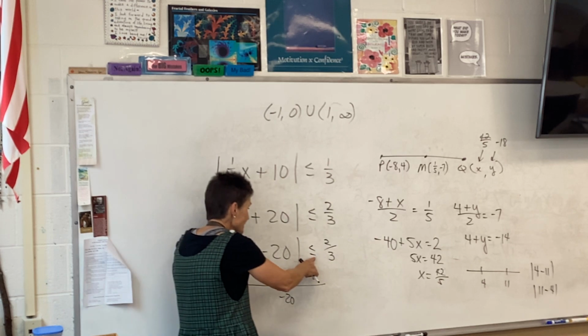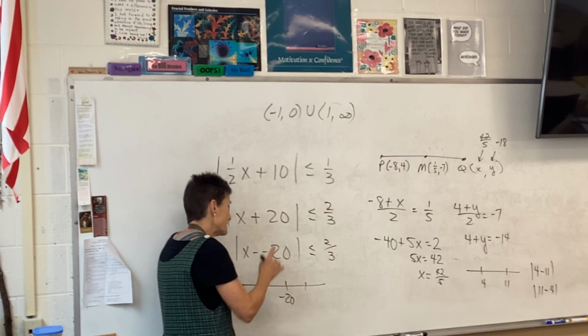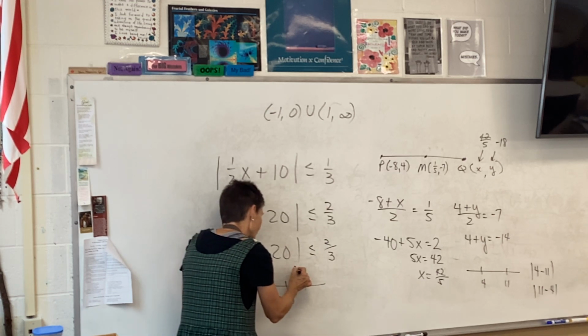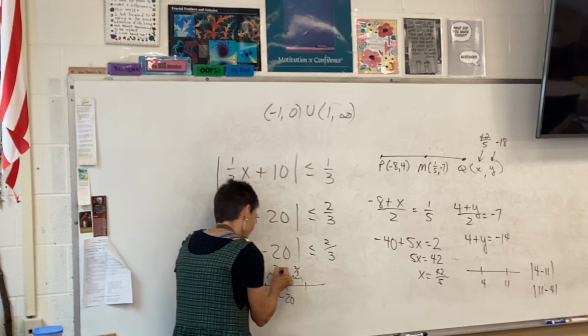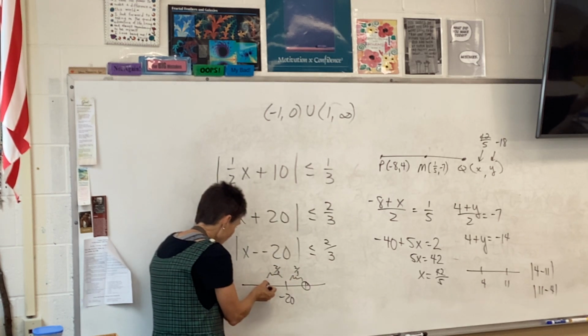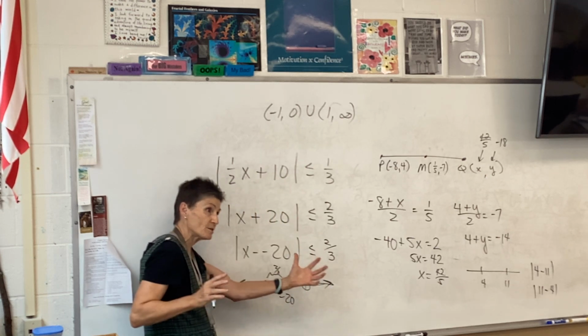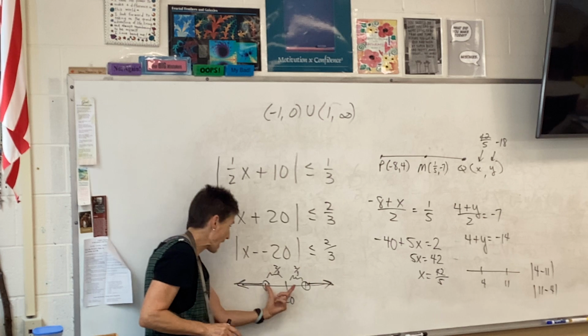And I know the distance forward and backward is 2/3. Actually, it's more than 2/3, so it's going to be past that and past that. This is exactly 2/3.